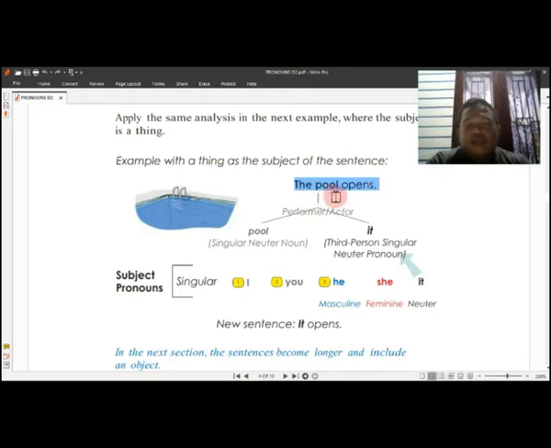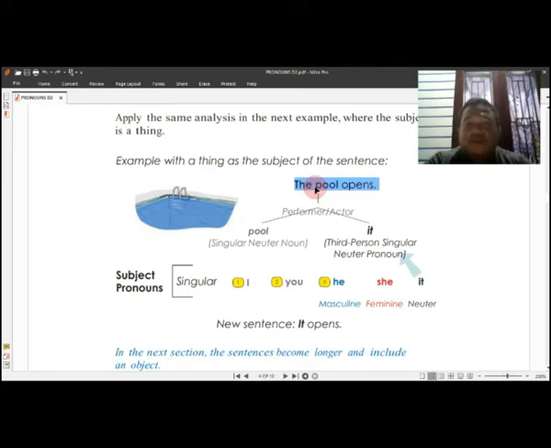There is also a verb which is opens, and before the verb we have a noun, which is the pool. So it is obvious that the subject is the pool, and the pool here stands for a noun. And then if we want to change it into a pronoun, it is so simple. Since this is a noun as subject, we need to transform it into a pronoun as subject.